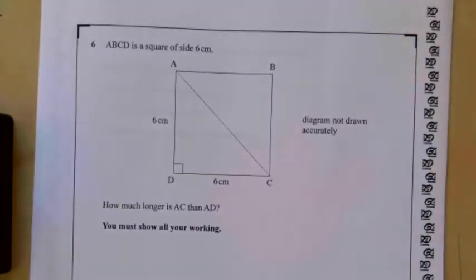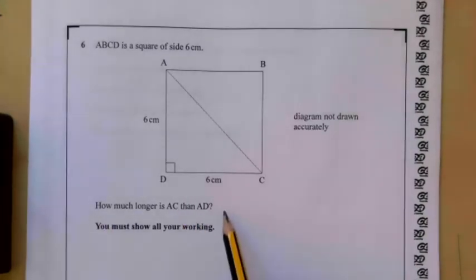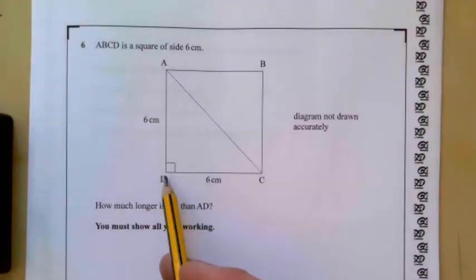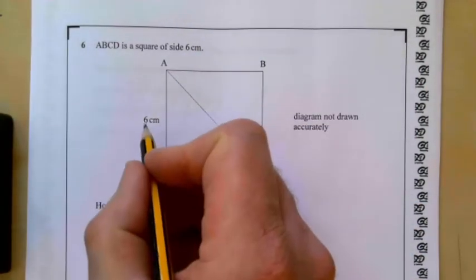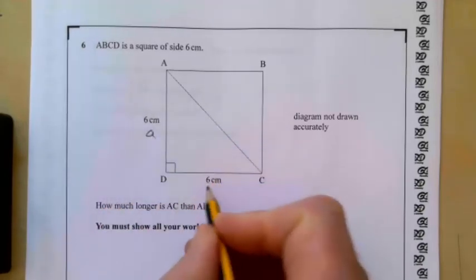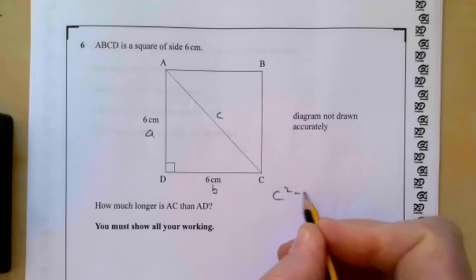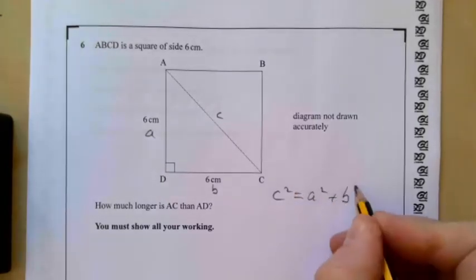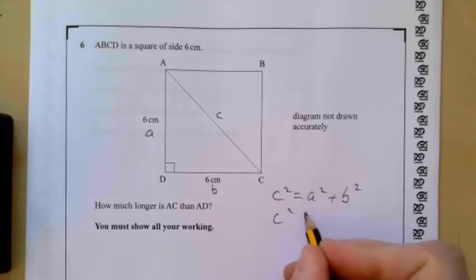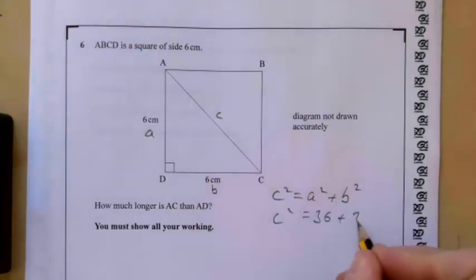Question 6, ABCD is a square of side 6 centimeters. How much longer is AC than AD? So AD is, we can see then, is 6, and we need to find AC. So we're going to use Pythagoras here. We'll label our sides A, B and C. C squared equals A squared plus B squared. C squared equals 36 plus 36.